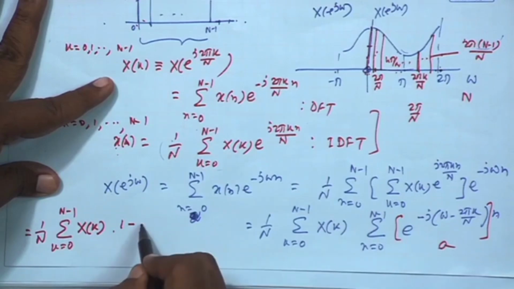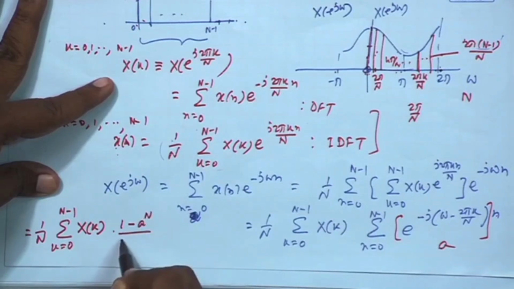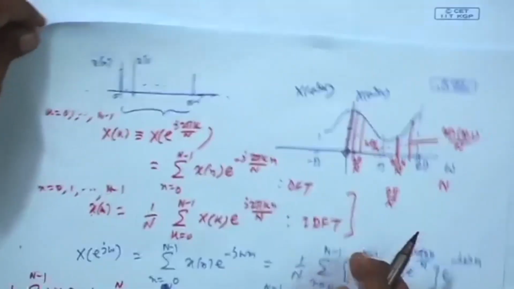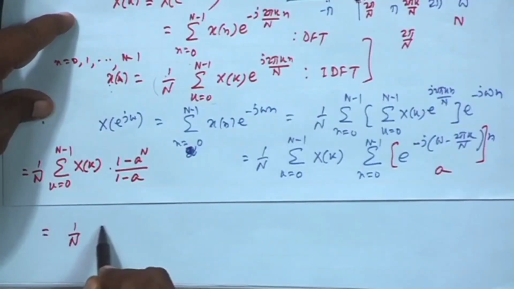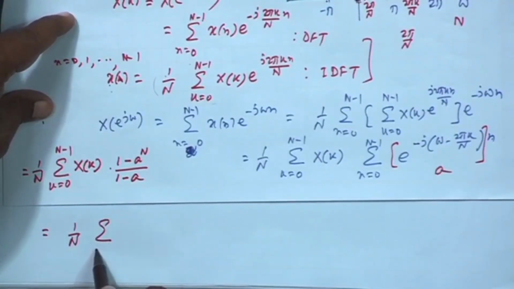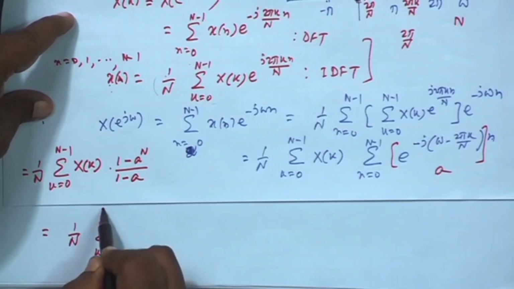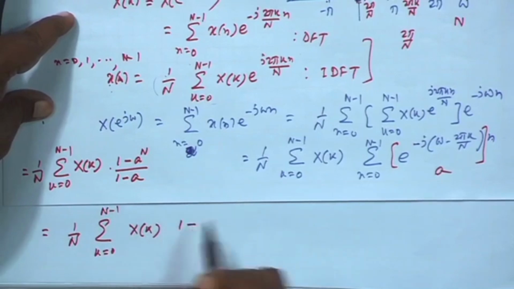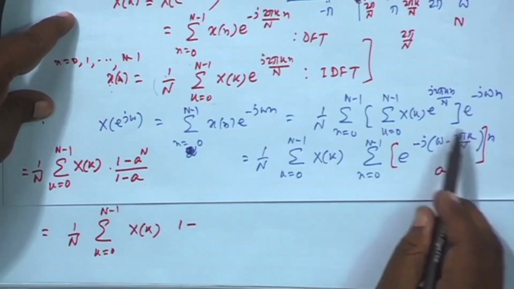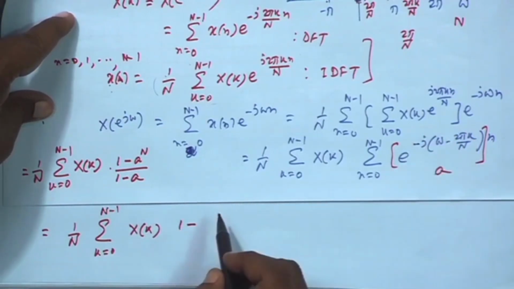So, the summation will be this elementary GP series formula, and this a value if you substitute, this is X k, 1 minus, this is your a. Okay.